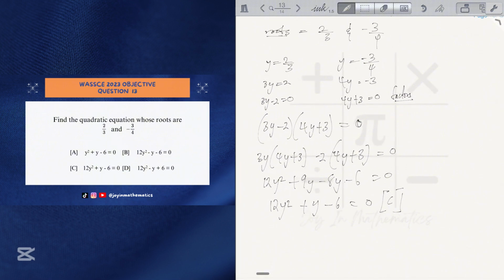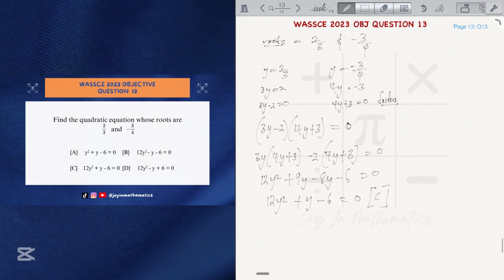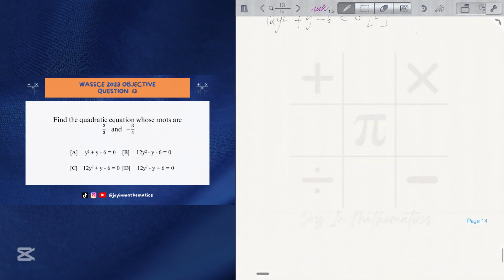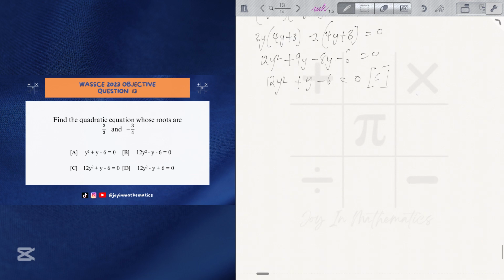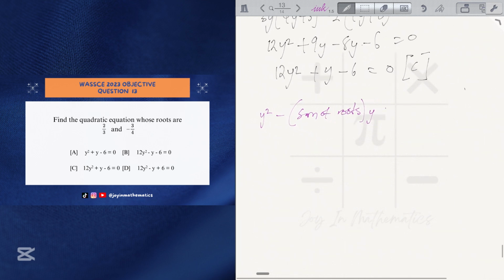Now what if we solve using the formula for quadratic equation? Let's go back and write out the formula. The formula for a quadratic equation states that y squared minus the sum of roots multiplied by y, then we add the product of roots, and everything will be equal to 0.